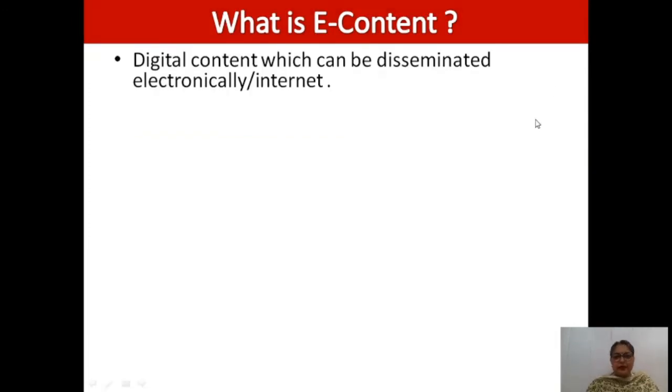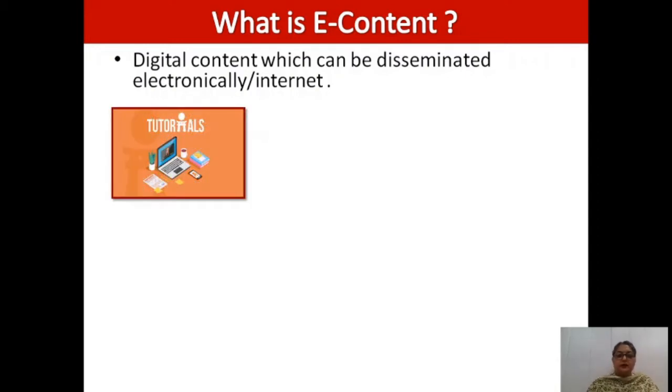Now let's elaborate what e-content is. It is digital content which can be disseminated electronically or via internet. Now various types of e-contents could be tutorials. Tutorials can be recorded tutorials or interactive tutorials, which are organized collections of web pages.